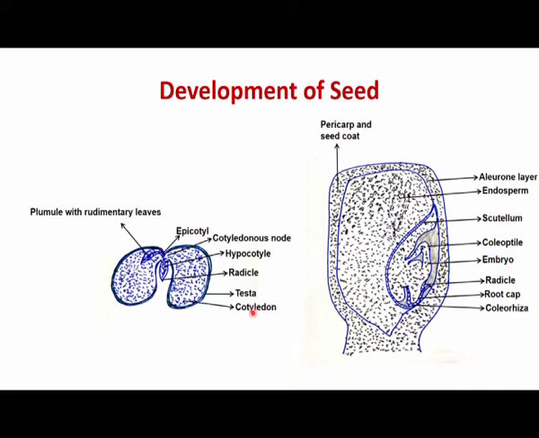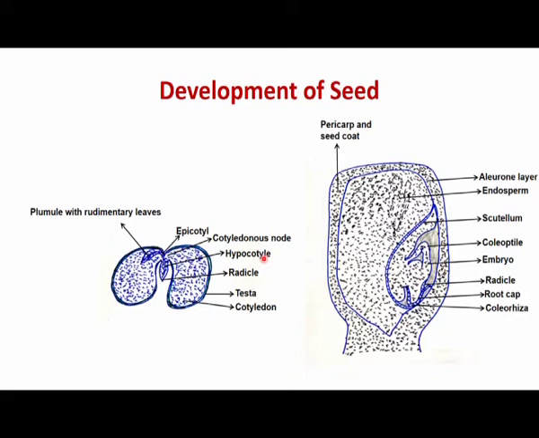The nucellus is generally used up during the development of the embryo, but in some cases it remains outside the endosperm in the form of a thin layer called the perisperm.